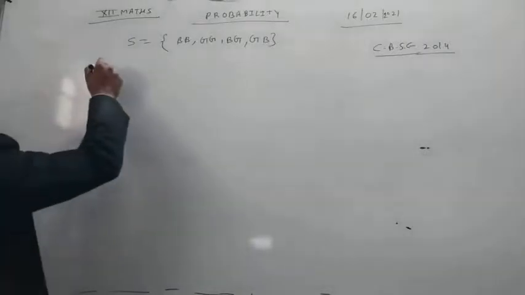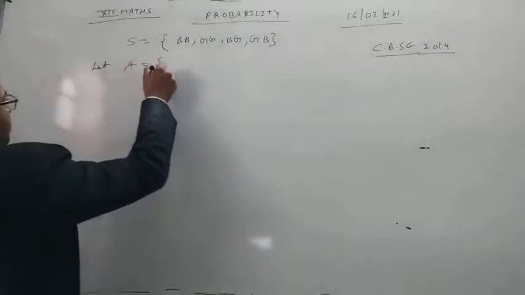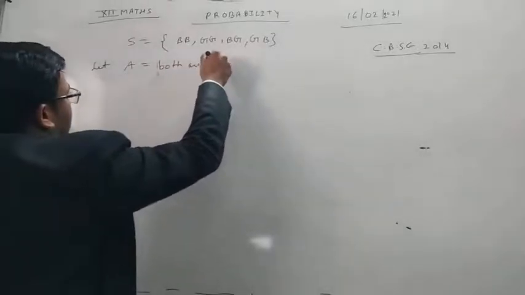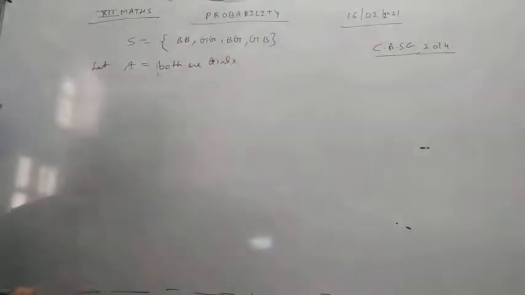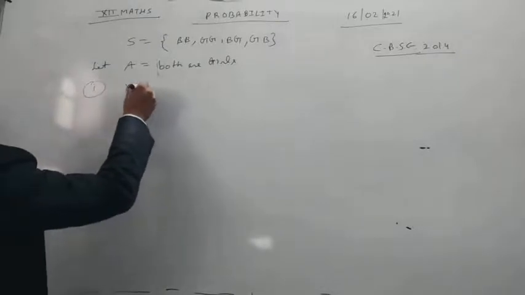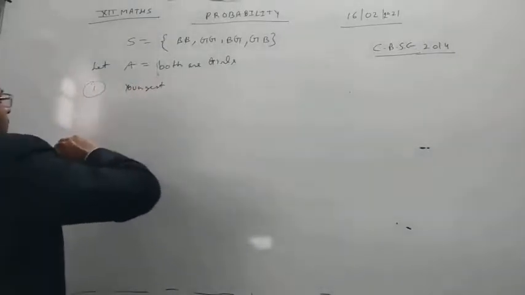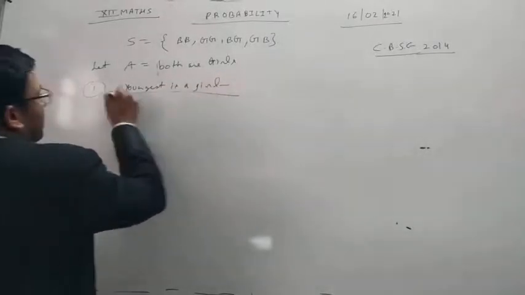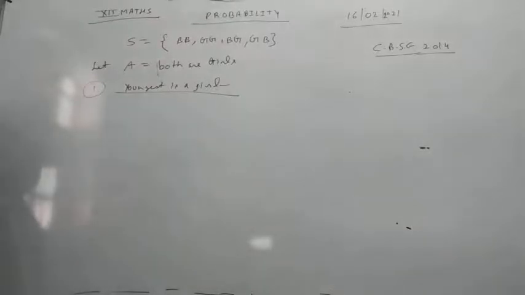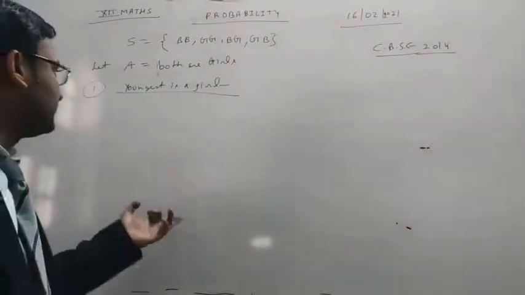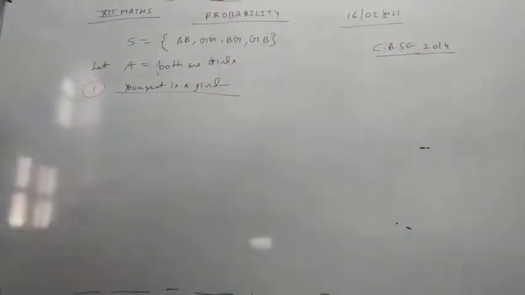So students, we take event A as both are girls, and the first condition says that the youngest is a girl. Okay students, the question says find the probability that both are girls, and the first condition is if the youngest is a girl.